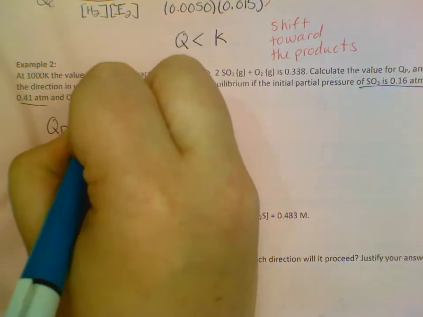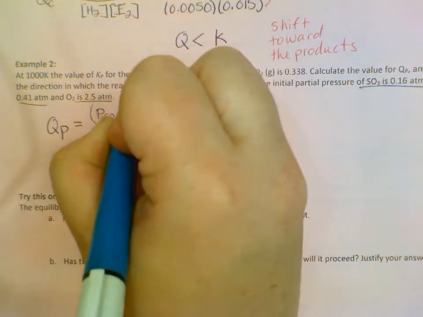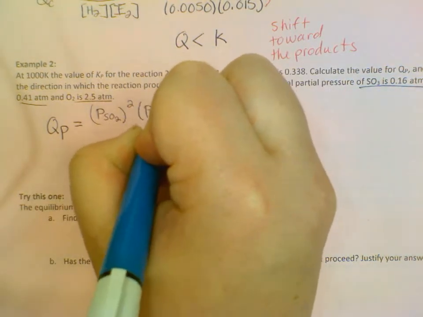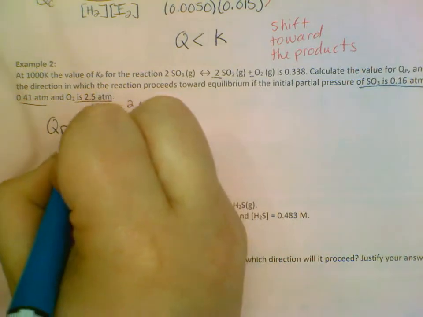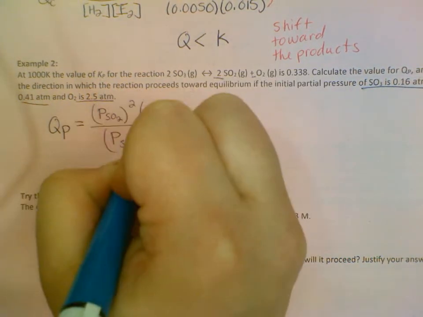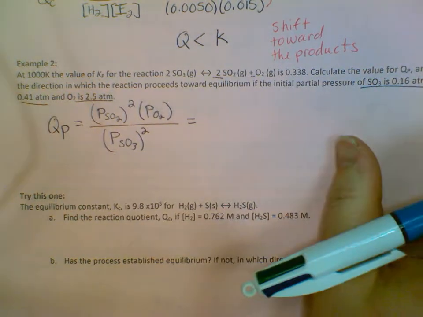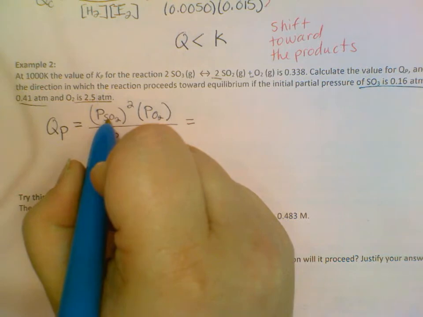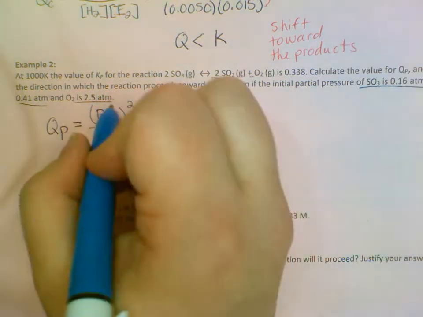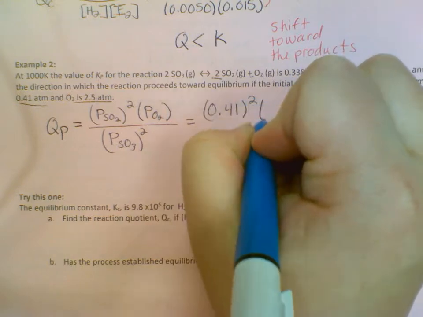So we've got pressure of our products, SO2, being squared. Pressure of O2 to the first power over the pressure of SO3 squared. Plug in our values. So SO2 is 0.41 atmospheres squared.